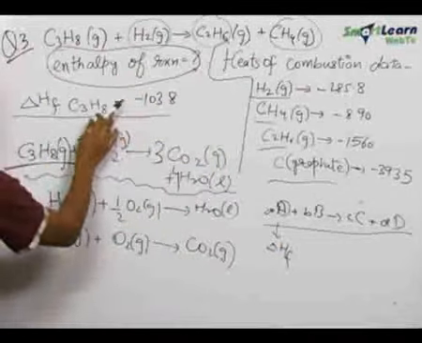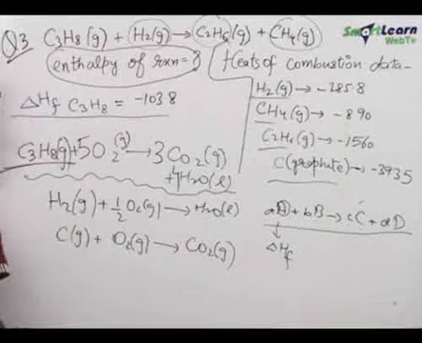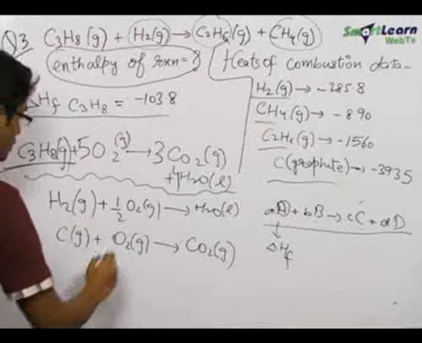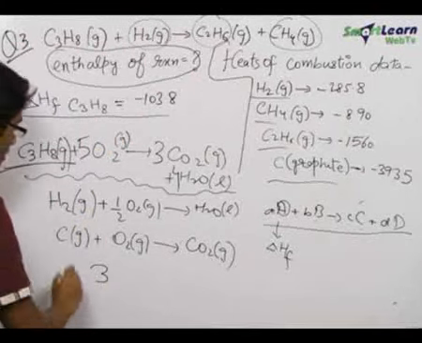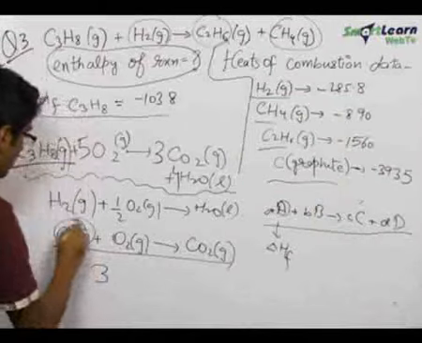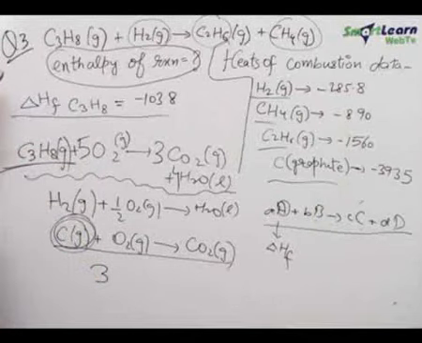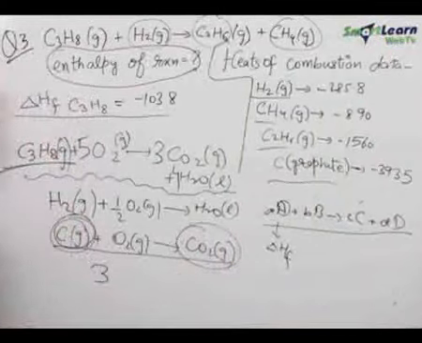So the enthalpy of this reaction will be equal to 3 into heat of formation of CO2, which is the same as the enthalpy of combustion of carbon, because enthalpy of combustion of carbon is the same as the enthalpy of formation of CO2.